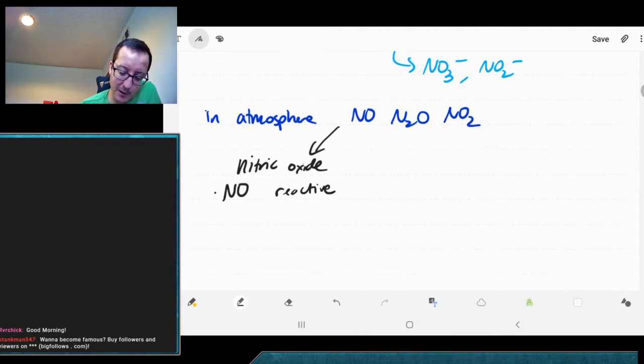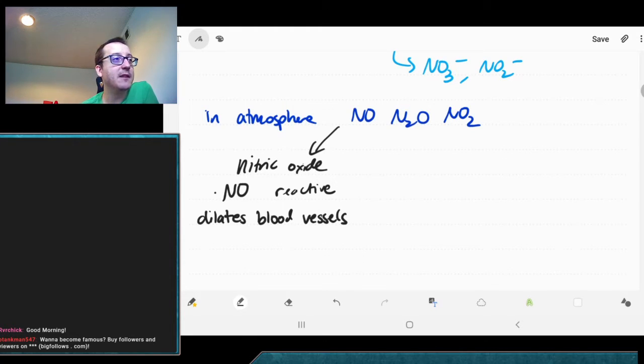And interestingly, in your body, it dilates blood vessels. And so it's actually produced in our bodies for the purpose of dilating blood vessels. It is one of the smallest hormones we have, and it is a free radical, which is all very interesting.